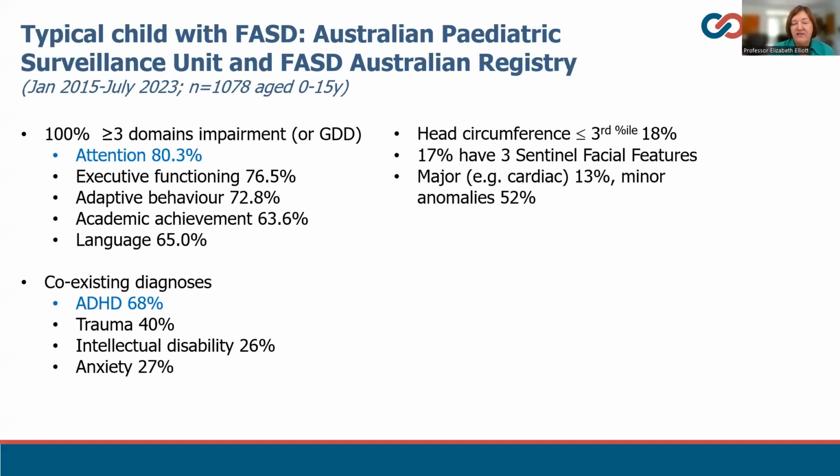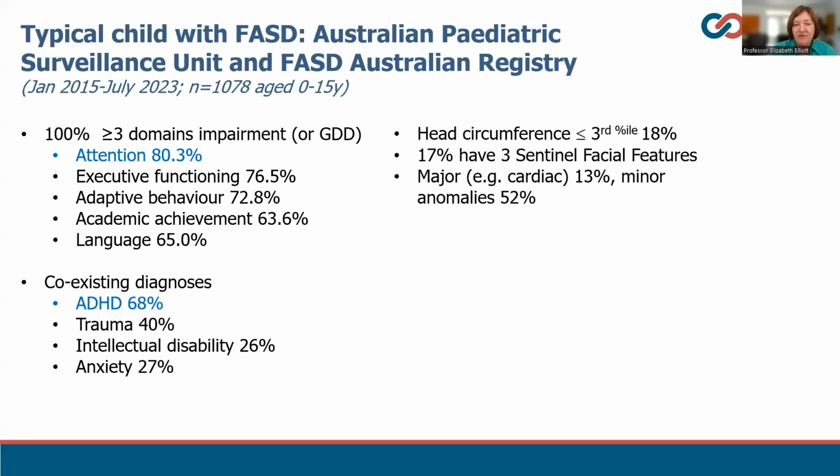What we find is that in all of these children, they have the severe neurodevelopmental impairment I've mentioned, most commonly problems with attention, executive function, adaptive behaviour, that is living skills, social communication. Many of them have problems with academic achievement, and many of them have problems with language and communication.